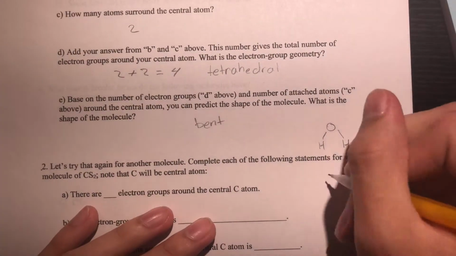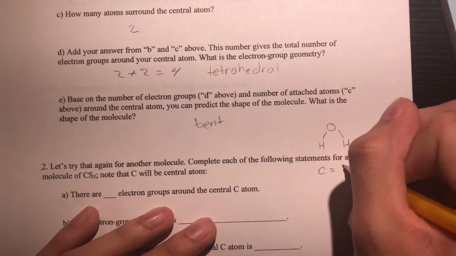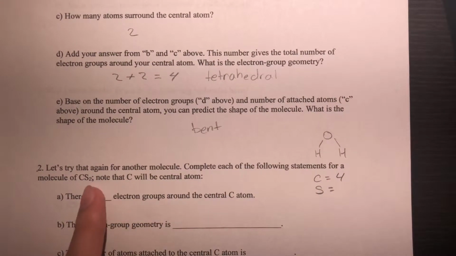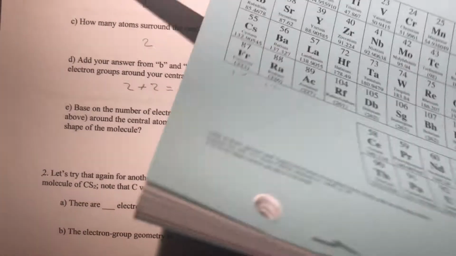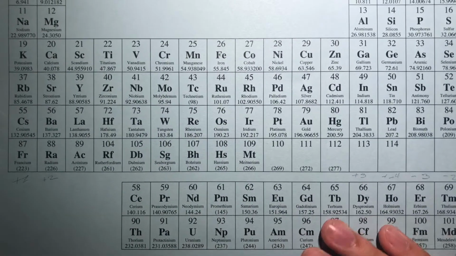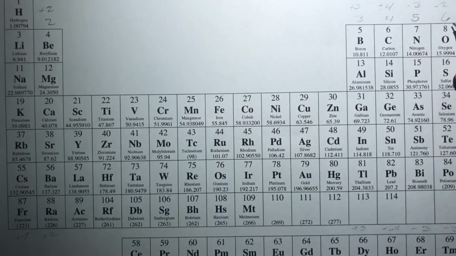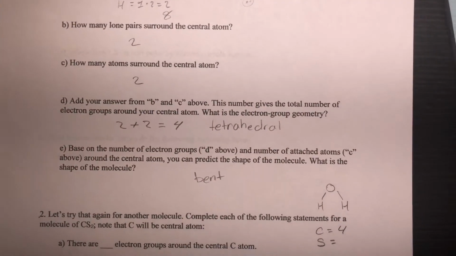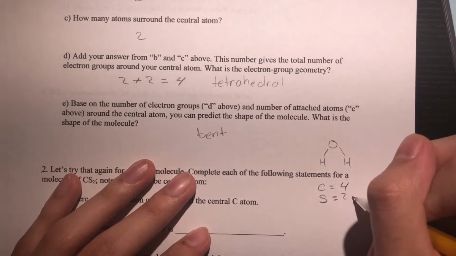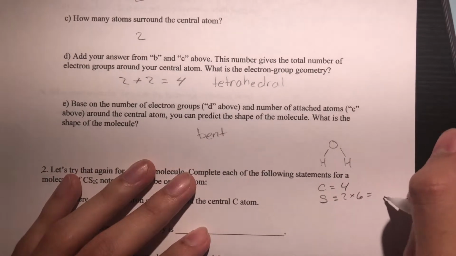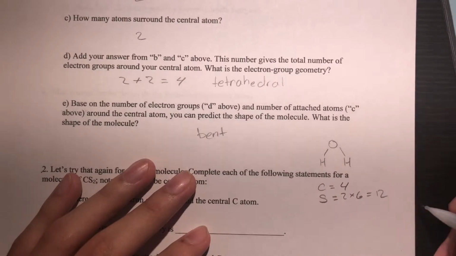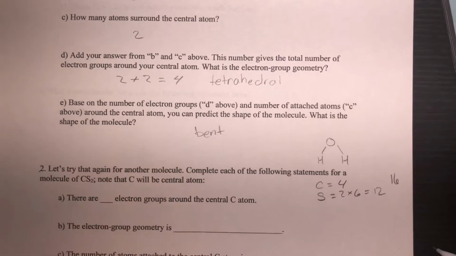So carbon is 4, and we have 2 sulfurs, and the valence electrons is 6. So 2 times 6 equals 12, and you add those together, you will get 16.